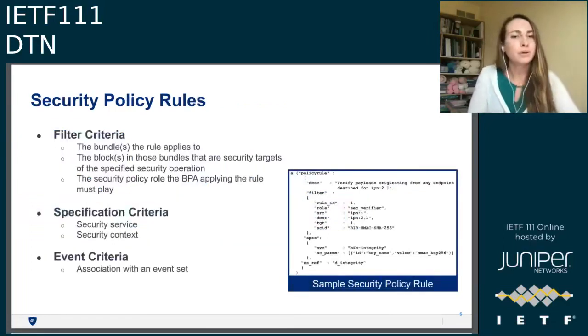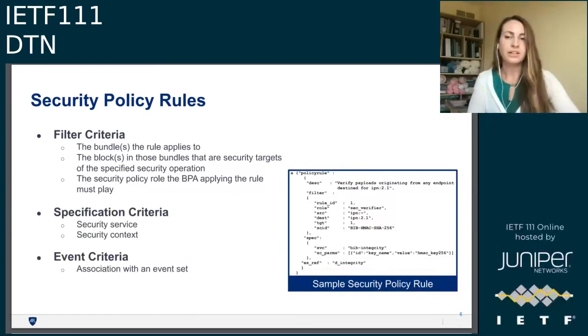So the first component of that data model that we want to discuss in depth are security policy rules. And you'll see here that they are made up of 3 criteria sets: filter criteria, specification criteria, and event criteria. The filter criteria specify the bundles to which the rules are matched, as well as the blocks in the bundle that are impacted by the application of that rule, and the role that the BPA has to assume in order to apply that rule to the bundle.